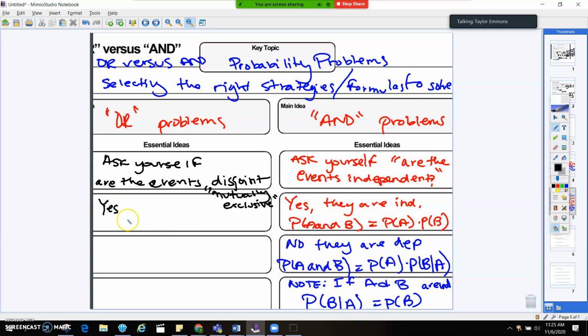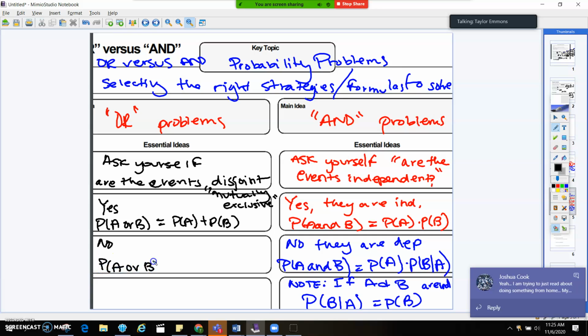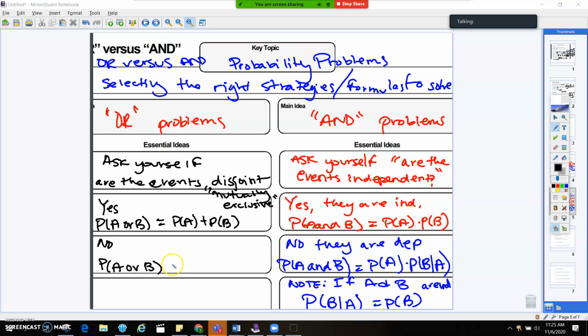If they are, then the probability of A or B is the probability of A plus the probability of B. If they're not, then the probability of A or B is equal to the probability of A plus the probability of B minus their intersection. Okay, so this is the one where we're going to take both probabilities, add them together, and then subtract the one that they cross over at.